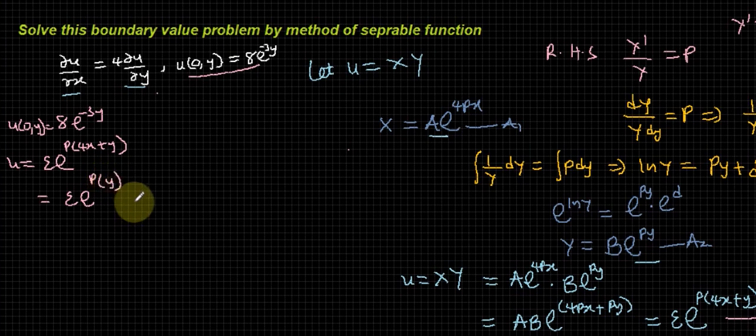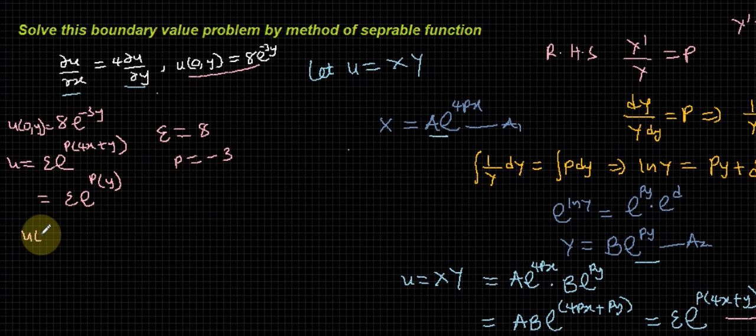From the boundary value condition, this is only possible if e is equal to 8 and p is equal to minus 3.